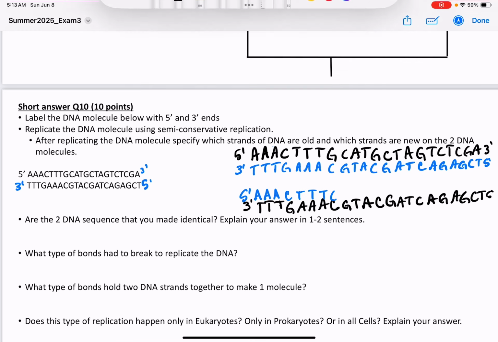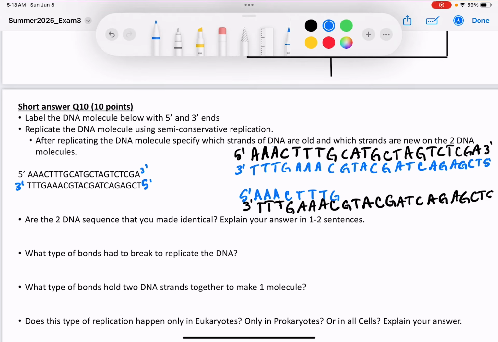And here I did want to see that you knew that you had to still use the T's because you're still using them in DNA, right? Okay. So I've added those 3' and 5' ends. I've replicated. Then specify which are old and which are new. Black are old, and the blue are new.